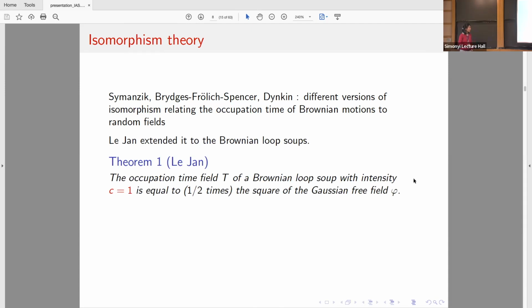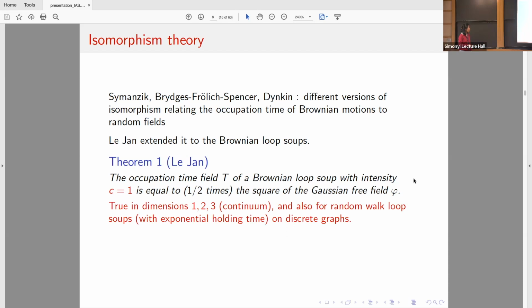He has shown that the occupation time field T of Brownian loop soup with the critical intensity C equal to 1 is equal to 1/2 times the square of the Gaussian free field phi. This 1/2 is due to the convention on normalization. I will possibly be quite loose in the following and sometimes forget the 1/2 when I talk about isomorphism theory.